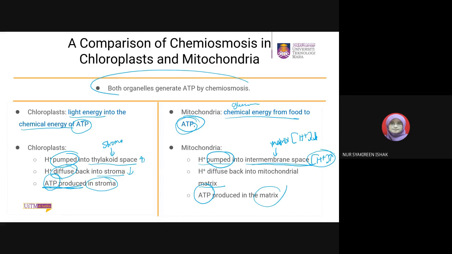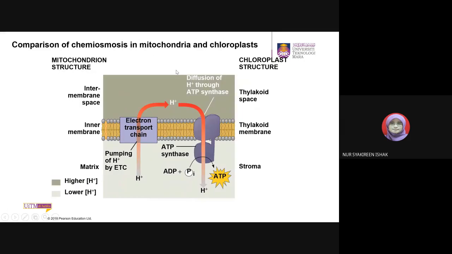Ini similarity atas ni. Okay, similarity. Okay. So gambar yang untuk explain benda yang sama jugalah. The differences between chemiosmosis in mitochondria and chloroplasts. So the only concept that you have to understand is the difference in the concentration of hydrogen ions at different regions of the organelle.